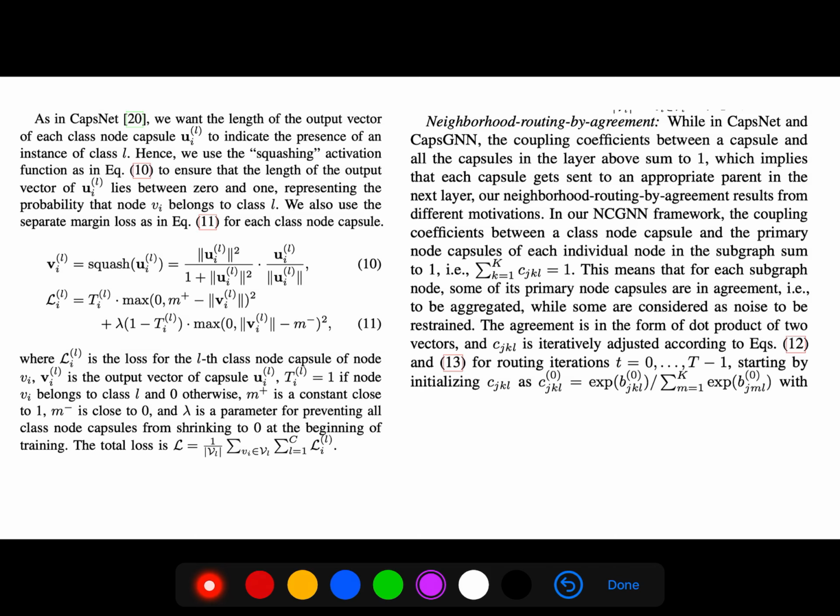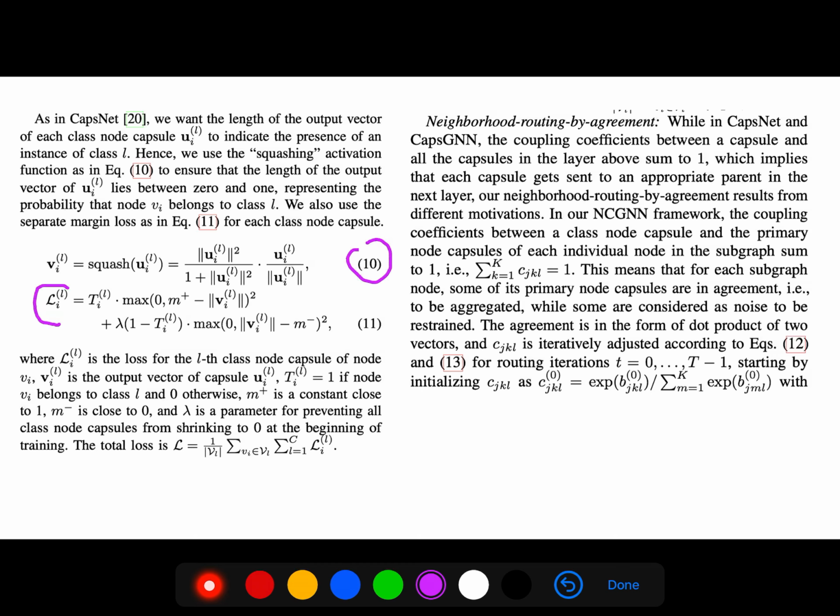So we use the squashing activation function in equation 10 to ensure the length of the output vector lies between 0 and 1, because that represents the probability that nodes belong to class l. So it should be between 0 and 1.